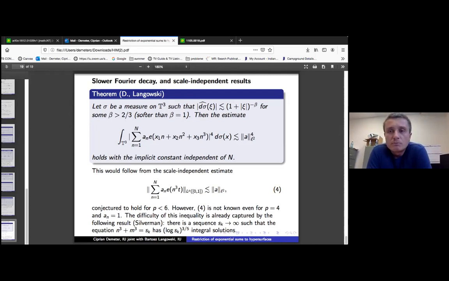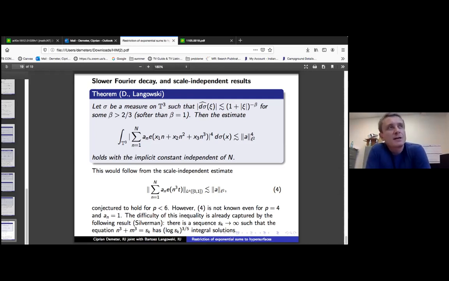If you go with the decay of beta equals 2/3 or higher, which is a bit less than asking for beta to be 1 over d minus 1 over 2, then there is a scale independent estimate in L4. Remember, the critical exponent is 6, so we can't really prove the result for L6 without the n to the epsilon losses. And this is more complicated than one might think.